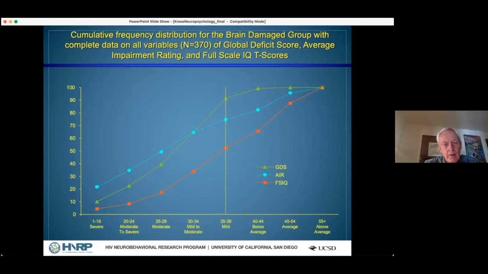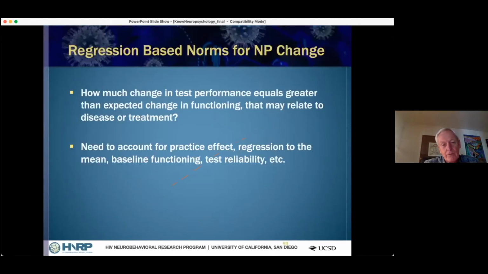And you see that GDS gets, of all these diverse neurologic conditions, they get over 90% accurate. Next. And we use it for all of our HIV work too.